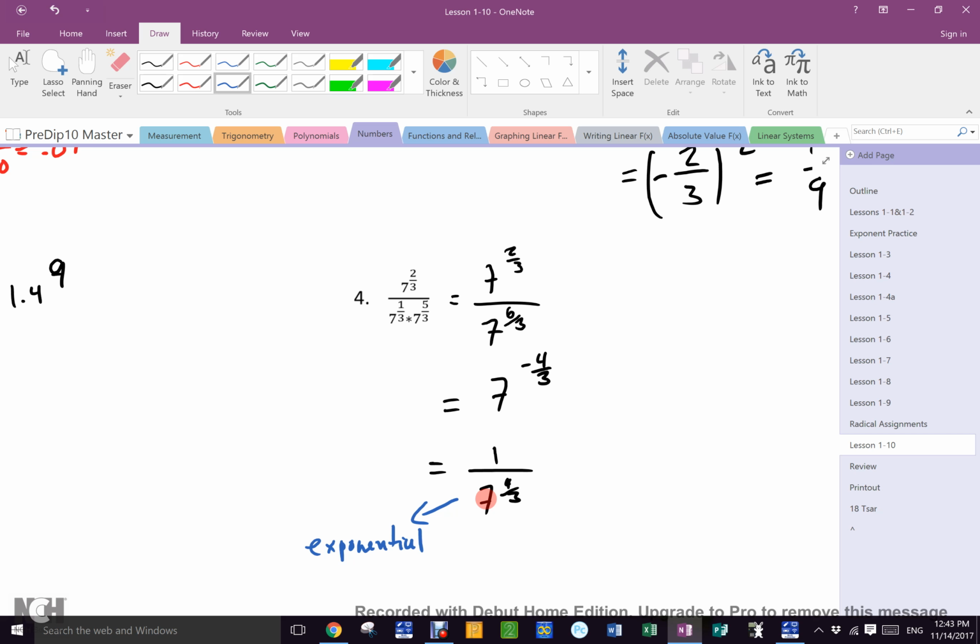But could you go further? Yes. Now we could take this to the 1/3 root of 7 to the 4th power. Is it done? No. Radical form. Can I leave it like that? No, that 4 got ugly.